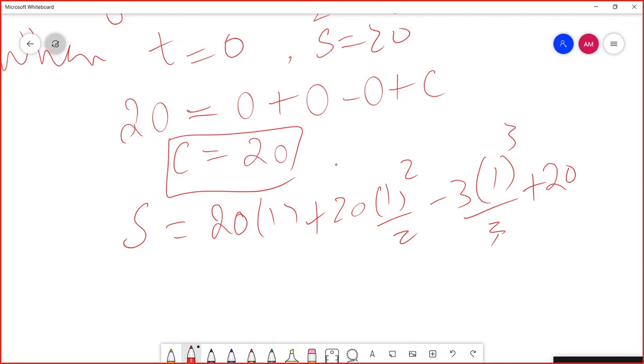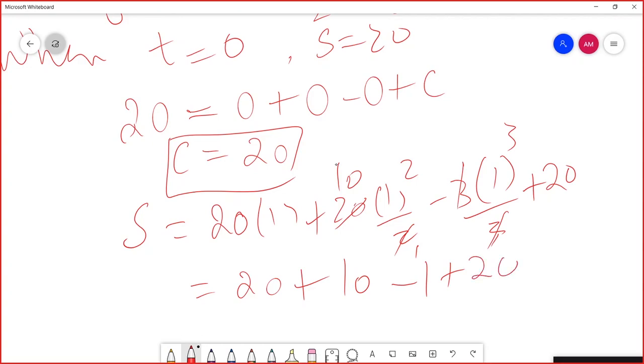It will be 20 plus 20 times 1 over 2, which is 10, minus 1 plus 20. So it'll be 49. Okay, let me see that.